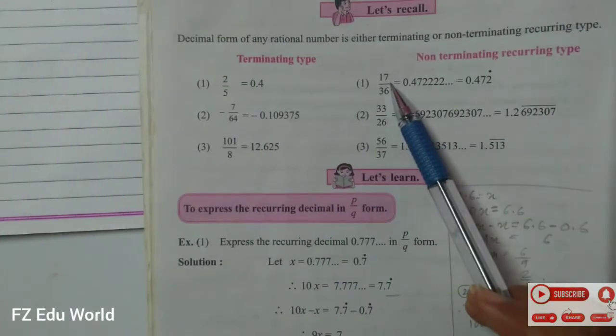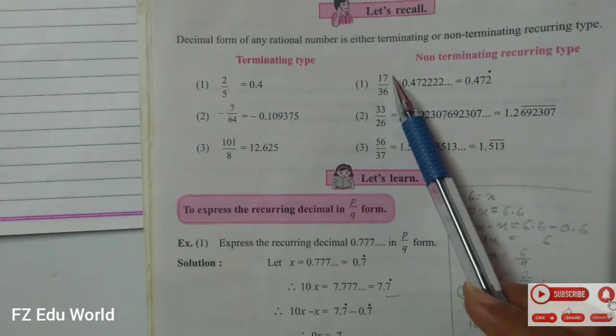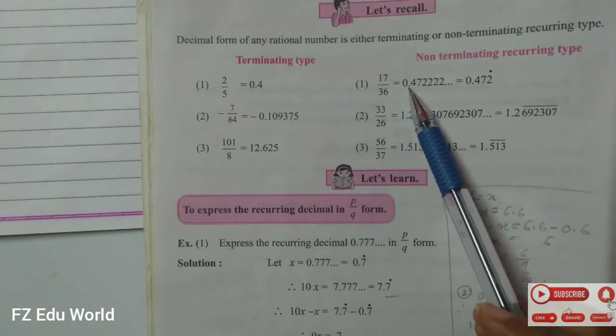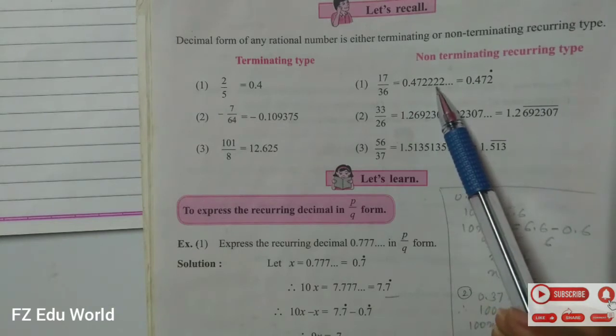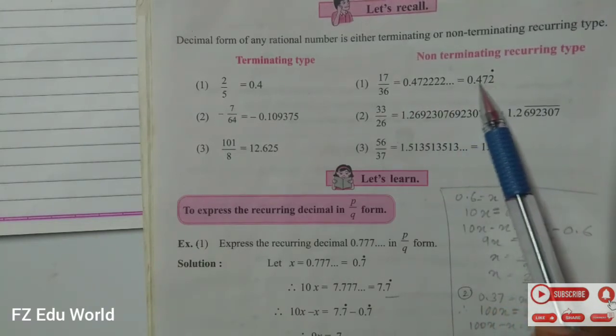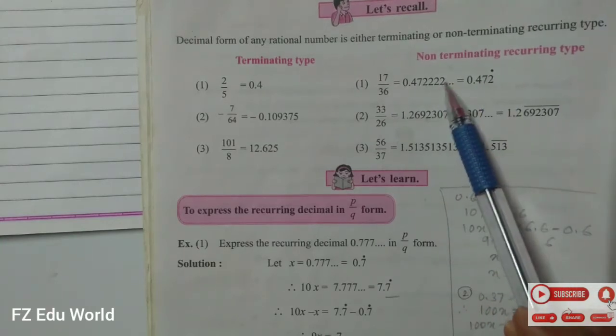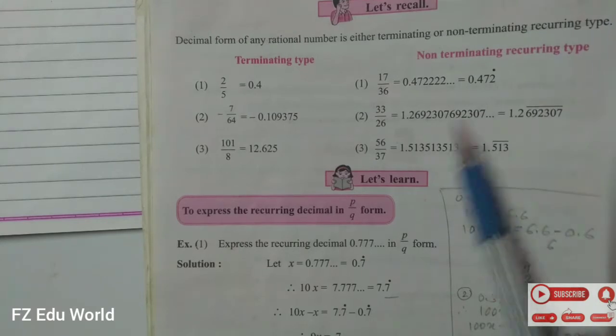But if we divide 17 by 36, our answer will be 0.47222, which is repeating, so we call it non-terminating. It's not a terminating answer, it's non-terminating recurring type.